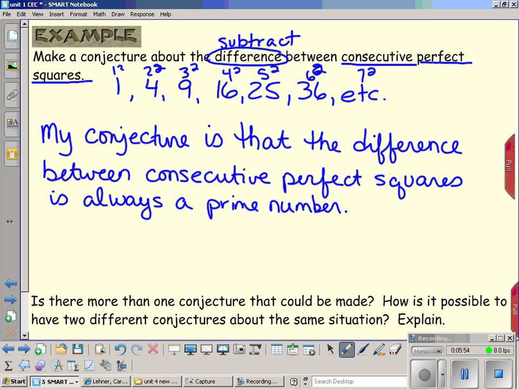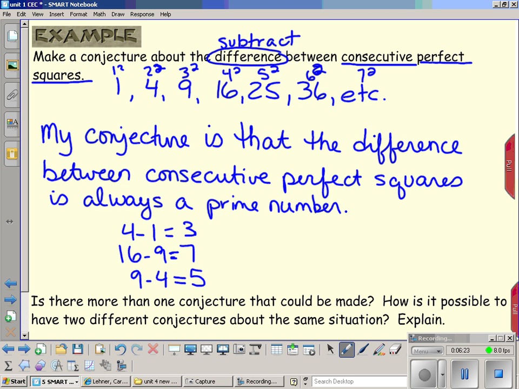And I get this because I tested some evidence and I went, okay, yeah, 4 minus 1 is 3. 16 minus 9 is 7. 9 minus 4 is 5. So I'm looking at that and I'm going, yep, those are all prime numbers. So I'm thinking that my conjecture is going to be true.